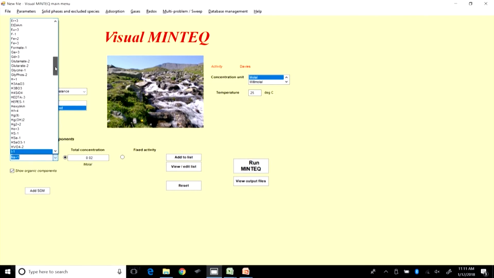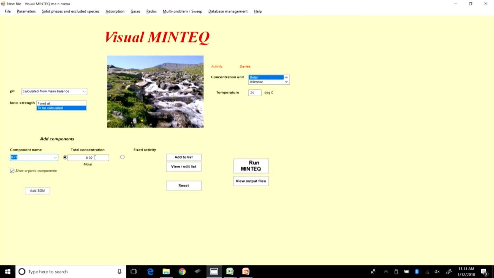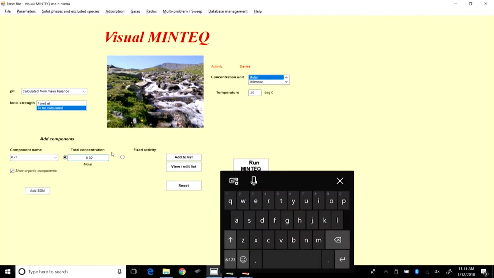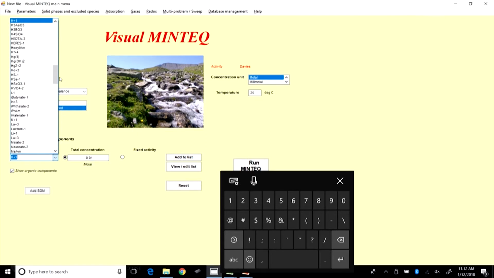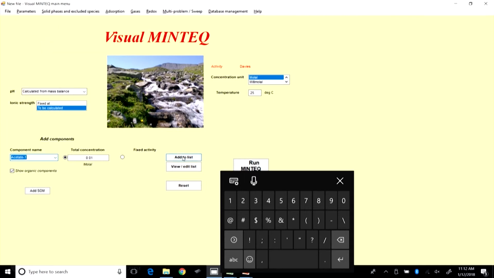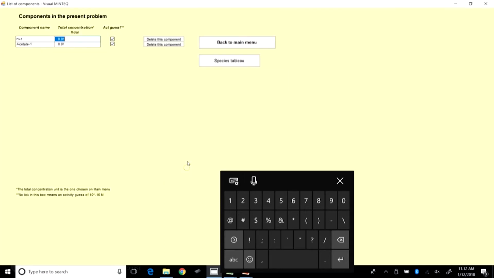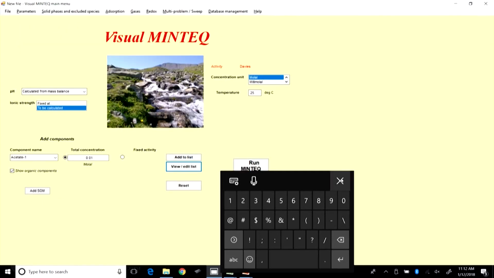H, and let me go with acetic acid and 0.01 molar, add to the list, and again acetate. I need to add the organic compounds, which I believe I did, same concentration. Let me view and edit the list, 0.01 and 0.01. So I'm going to go back to the main menu.